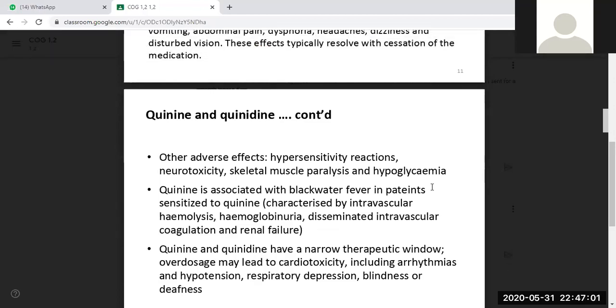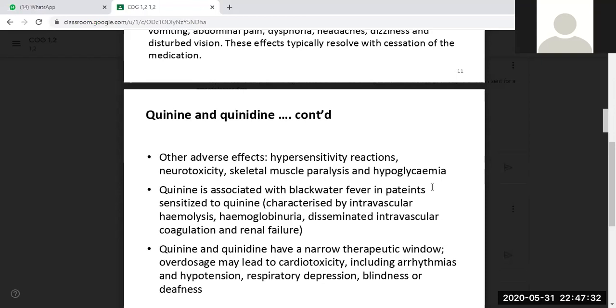Quinine is associated with blackwater fever in patients sensitized to quinine, which is characterized by intravascular hemolysis, hemoglobinuria, disseminated intravascular coagulation, and renal failure. You know that blackwater fever is one of the common complications of malaria, but with quinine, blackwater fever is also associated with it.